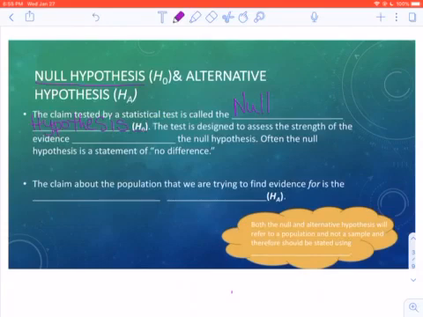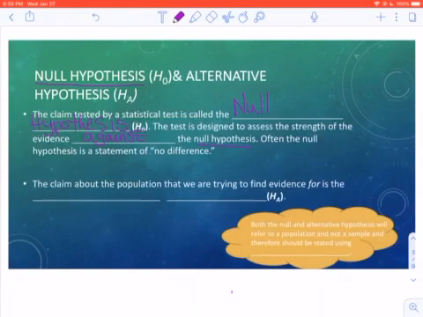The test is designed to assess the strength of the evidence against the null hypothesis. It's kind of counterintuitive at first because you're actually trying to build up enough evidence against the null hypothesis so that you can show evidence for the alternative hypothesis.